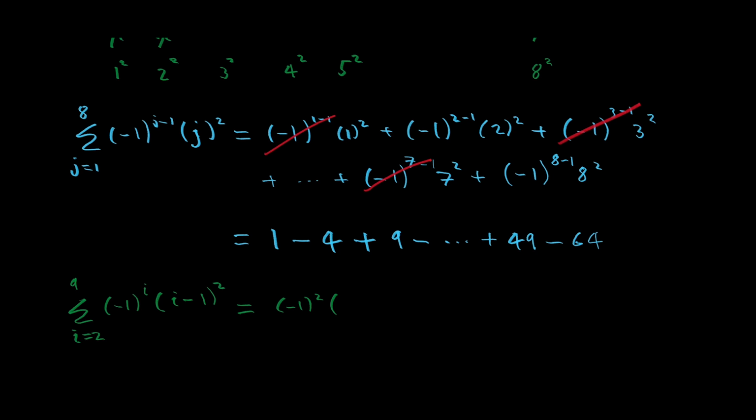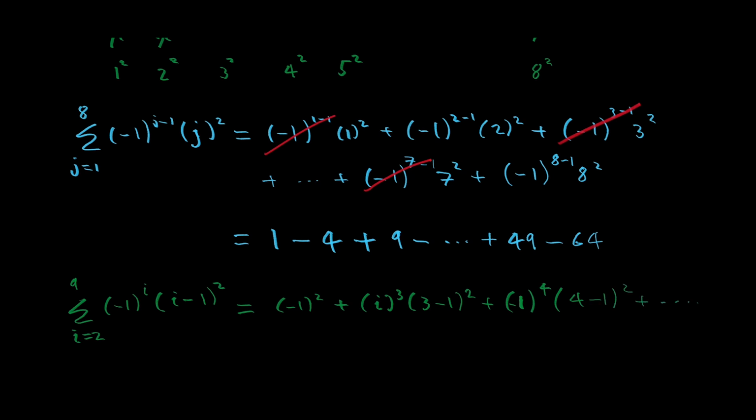So 2 minus 1 is just going to be 1 squared, which we wouldn't write. So we can just go on to the next term, and that's going to be plus negative 1 cubed times 3 minus 1 squared, plus negative 1 raised to the 4th power times 4 minus 1 squared, and so on.